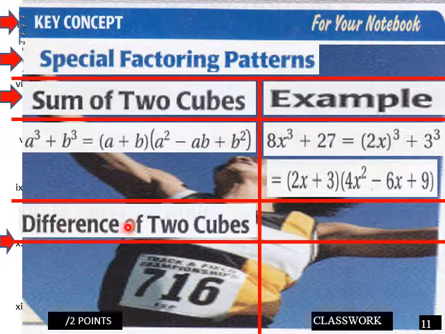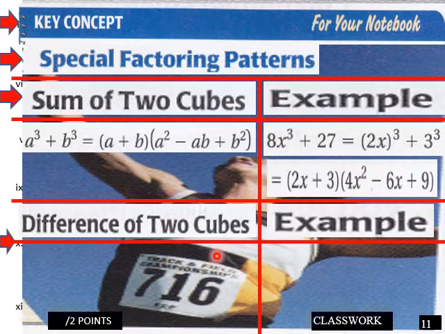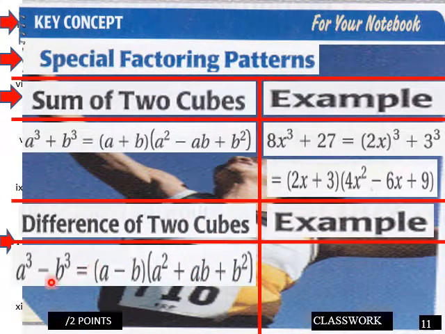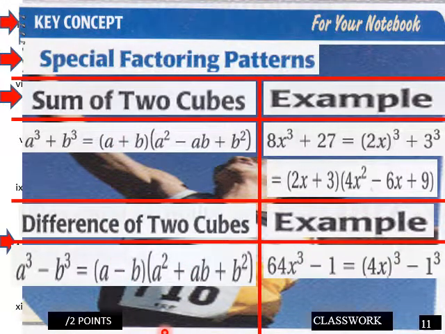Okay, the difference of two cubes. What is the special factoring pattern for the difference of two cubes? Here would be the pattern: a minus b, times a squared plus ab plus b squared. Up here, it was a squared minus ab plus b squared. So there's a sign difference between there and here. Notice that difference.